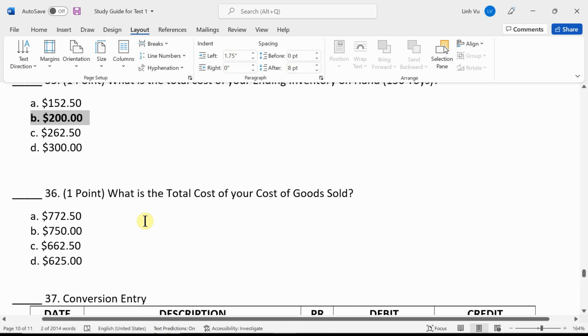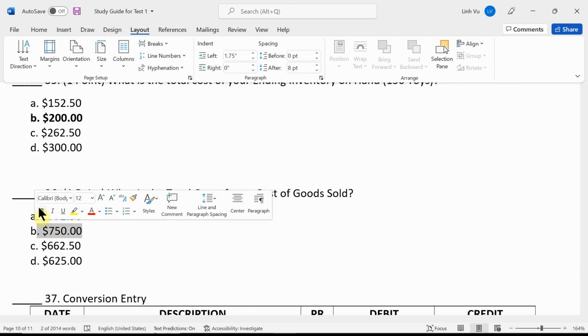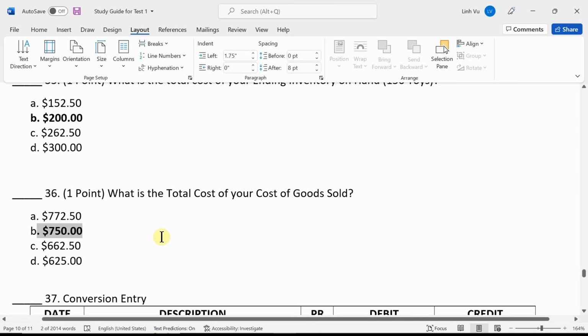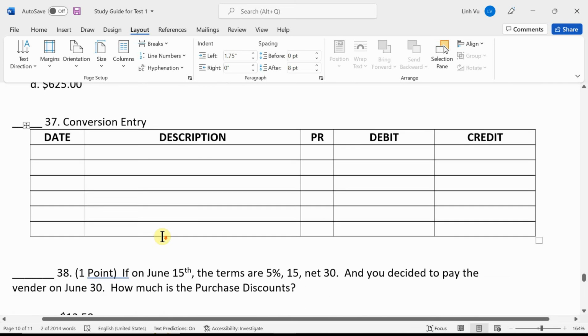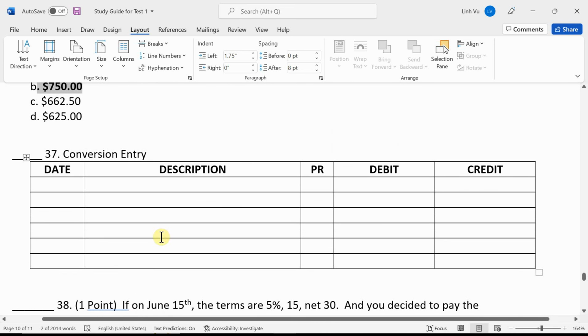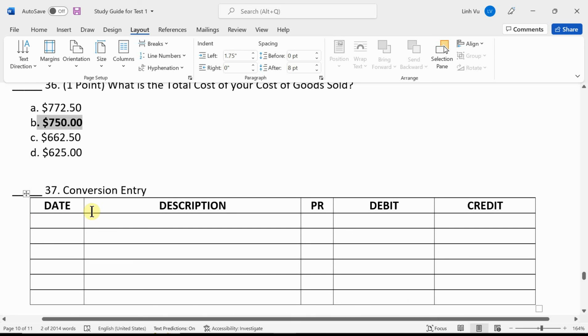And then question number 36 here. What is the total value of your cost of goods sold? $750. Okay. So then question number 37 asks you to do the conversion entry. So how would I complete my conversion entry here?